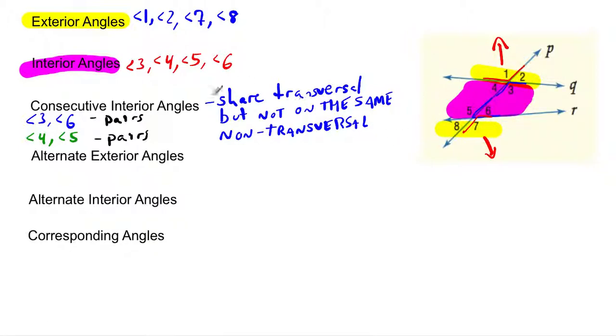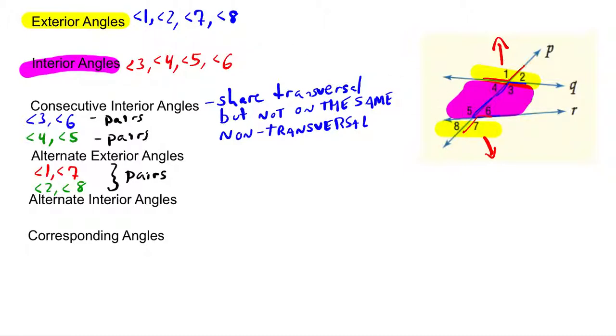So these are looking in completely opposite or alternate directions. So angle 1 and angle 7 are alternate exterior angles, and angles 2 and 8 are also. Again, these are pairs. Angle 1 is alternate exterior to angle 7. Angle 2 is alternate exterior to angle 8.